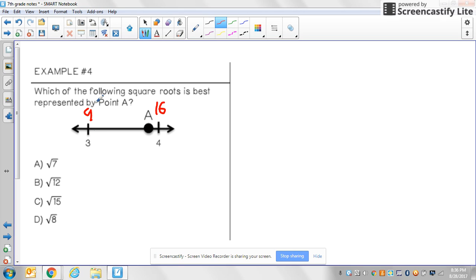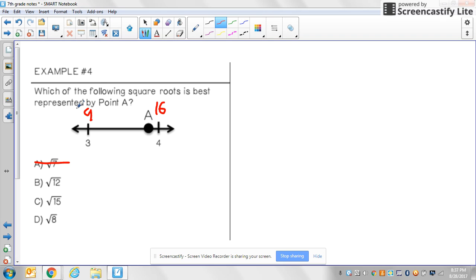Now that we have our starting point and our ending point, I want you to take a moment and pause here, and guess as to what choice you think point A is. And now that you have come back, you'll notice that we have 9 and we have 16. Well, square root of 7 is over here somewhere, so that one's off.